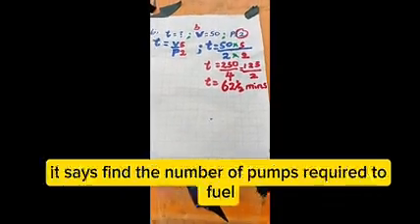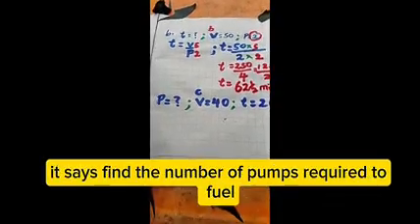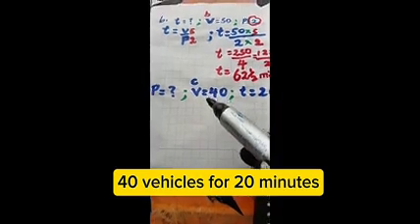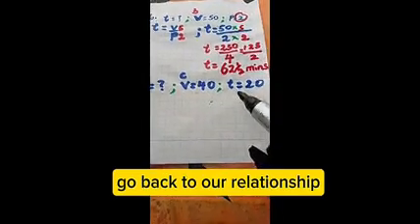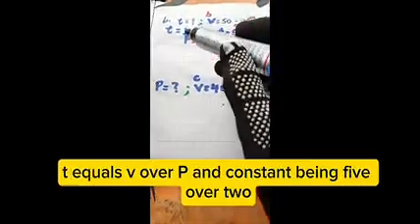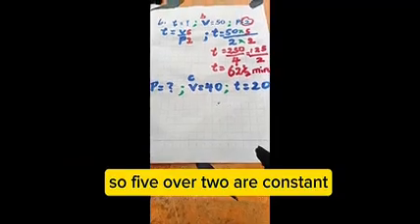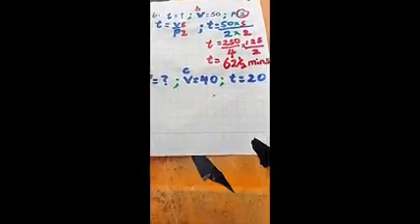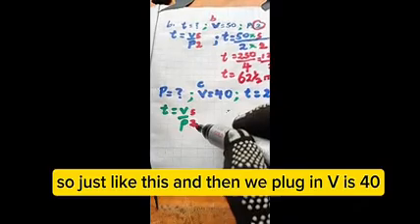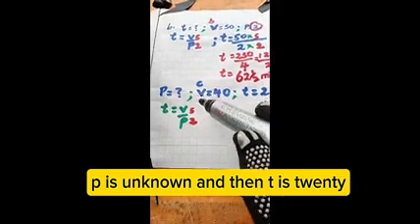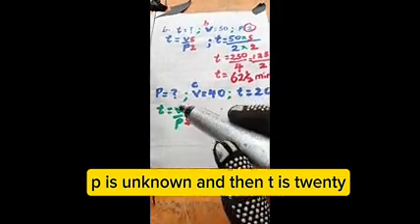C is simple. It says find the number of pumps required to fuel 40 vehicles in 20 minutes. Go back to our relationship T equals V over P, with the constant being 5 over 2. So we plug in V as 40, P is unknown, and T is 20.